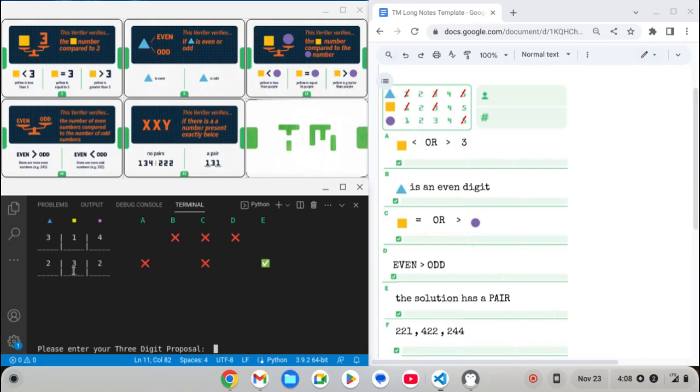Oh wait. No, so okay, based on my proposal, that means that square and circle must be equal. Oh, okay, this is just turning out to be a wild solve here. So we have just confirmed that they have to be equal.